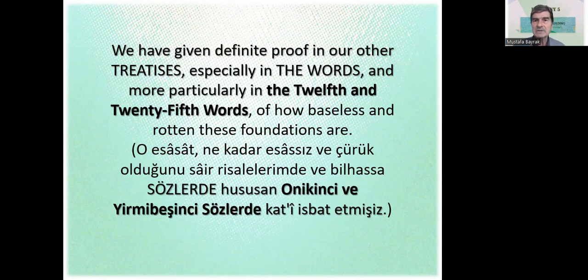We have given definite proof in our other treatises, especially in the words, and more particularly in the 12th and 25th words, of how baseless and rotten these foundations are, these principles are.